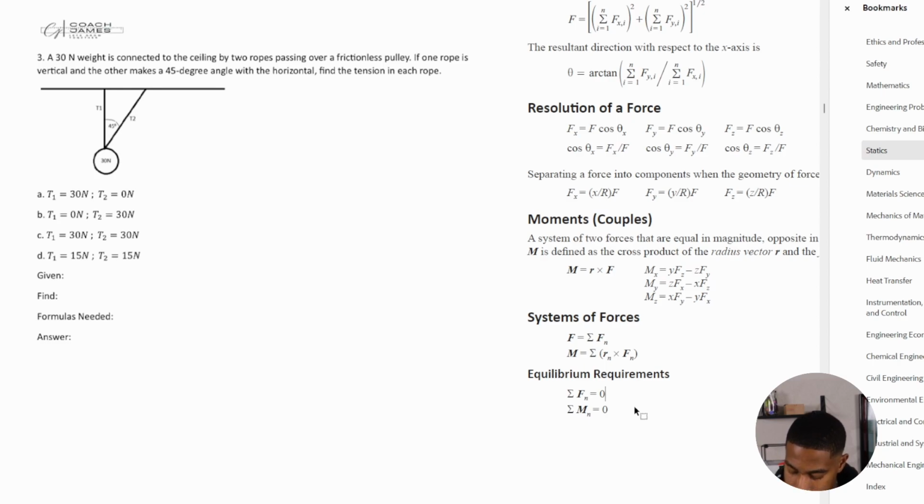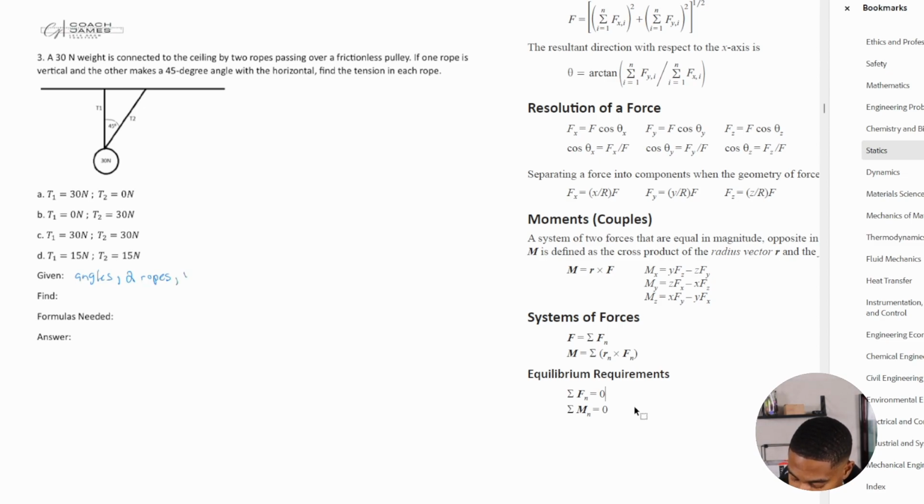So what are we given? We're given angles. We're given that it is 2 ropes, not T ropes, but 2 ropes. What else are we given?